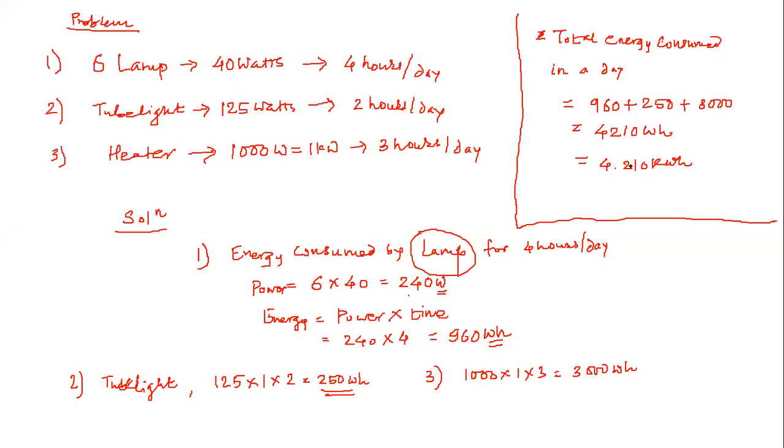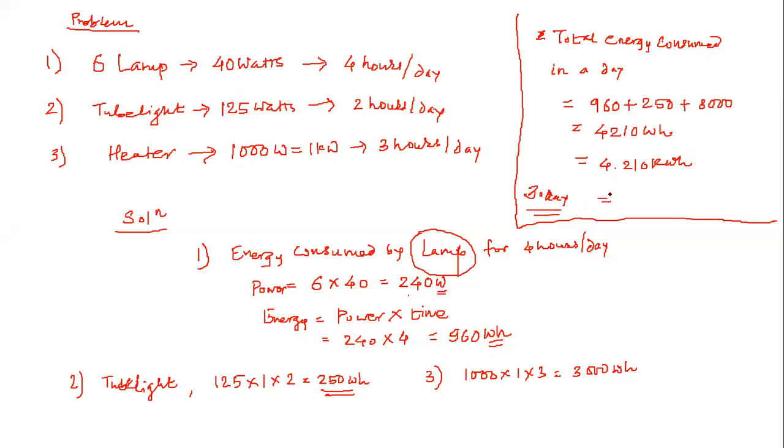If I have to find out for 30 days for a month, approximately I'm considering 30 days, I just have to multiply by 30, right?